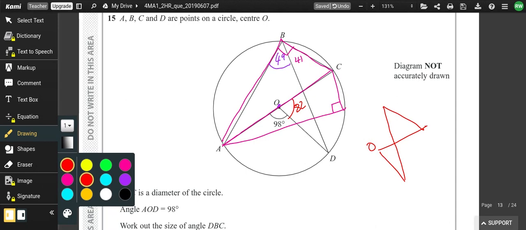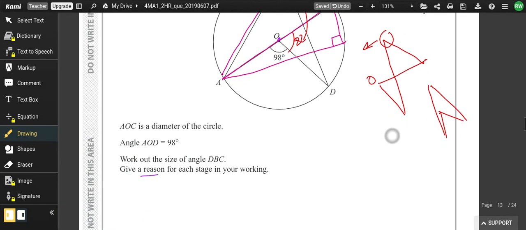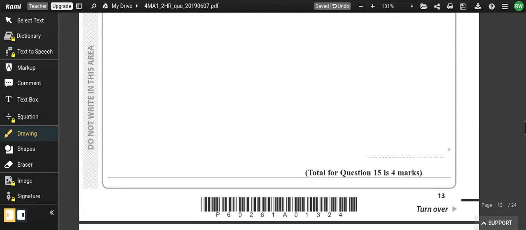So, because this is the center of the circle, this is just a sort of rotated version. If I drew it like that, where I've just moved this corner across a little bit, you might see another arrowhead there. So that 82 is going to be double that 41 using the same logic to get the 49 there. Okay, so you need to learn the names of these circle theorems and an explanation for what you're doing.